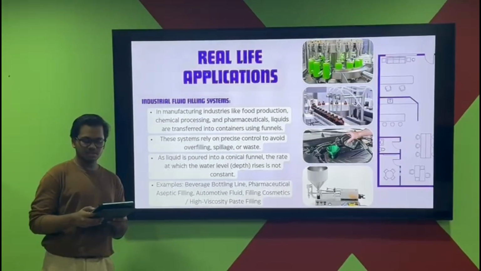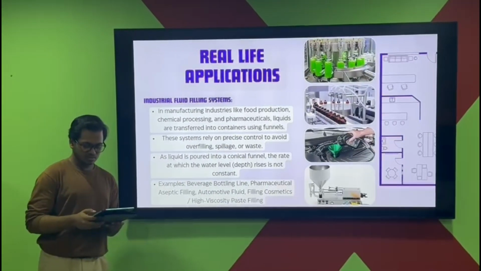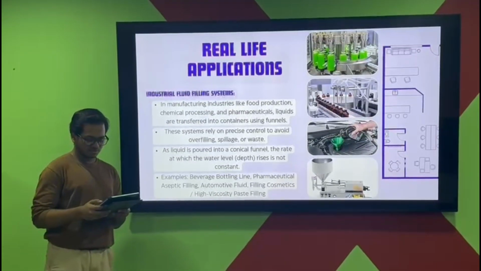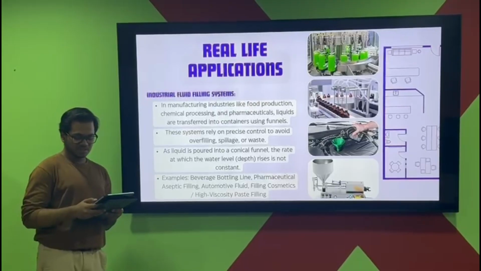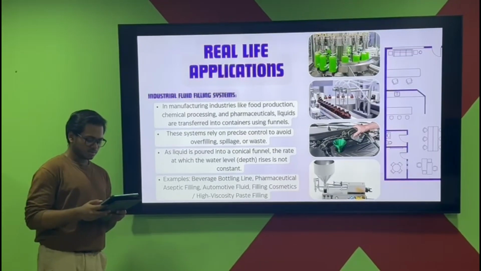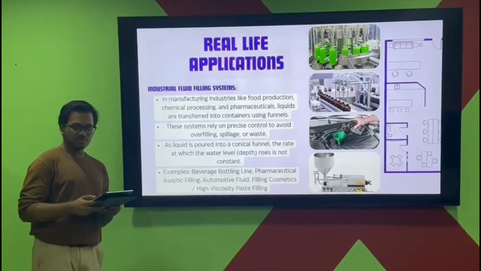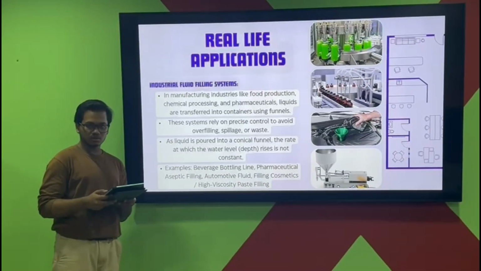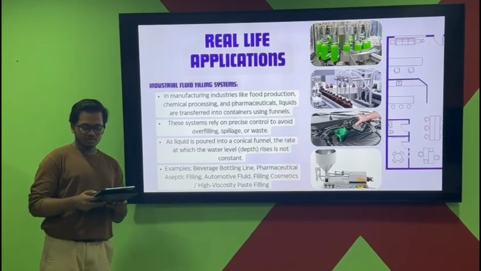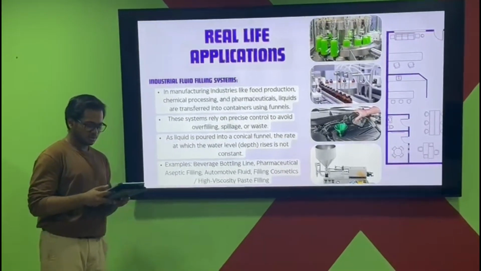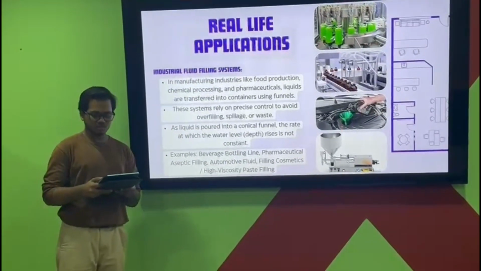In the cosmetics industry, lotions and creams are poured into tubes and jars using viscous paste fillers. In the automotive world, even something as simple as pouring oil into an engine uses the same funnel principle. And on a larger scale, factories use advanced automated funnels and pistons to fill hundreds of containers per minute.